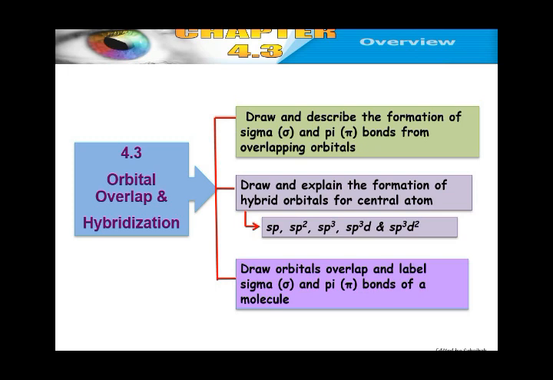We have three parts: first, draw and describe the formation of sigma and pi bond from overlapping orbitals. Second, draw and explain the formation of hybrid orbitals for the central atom. So we have 5 hybrid orbitals: sp, sp2, sp3, sp3d, and sp3d2. And last one is draw orbital overlap and label sigma and pi bond of a molecule.